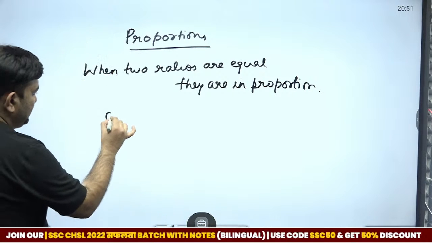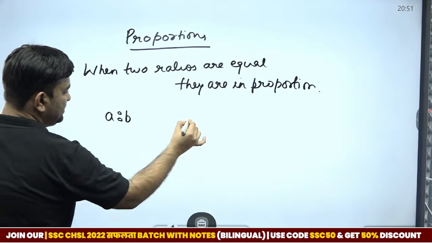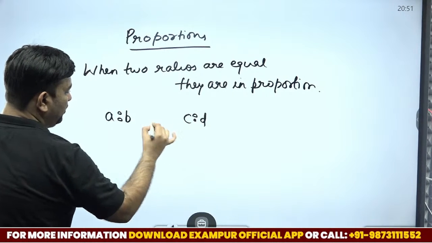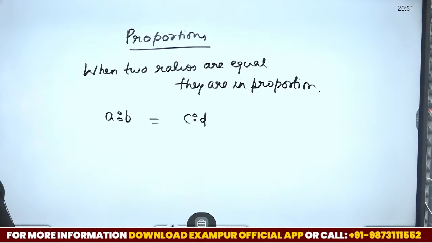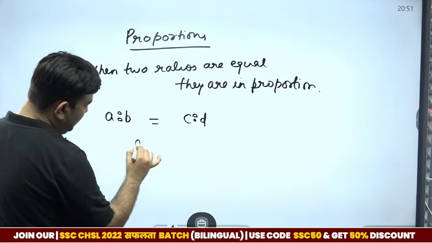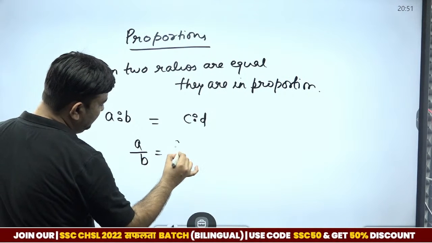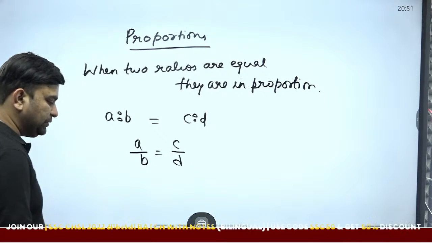Let's suppose one ratio is A ratio B and another ratio is C ratio D. If they are equal, then they are in proportion. So A upon B is equal to C by D.